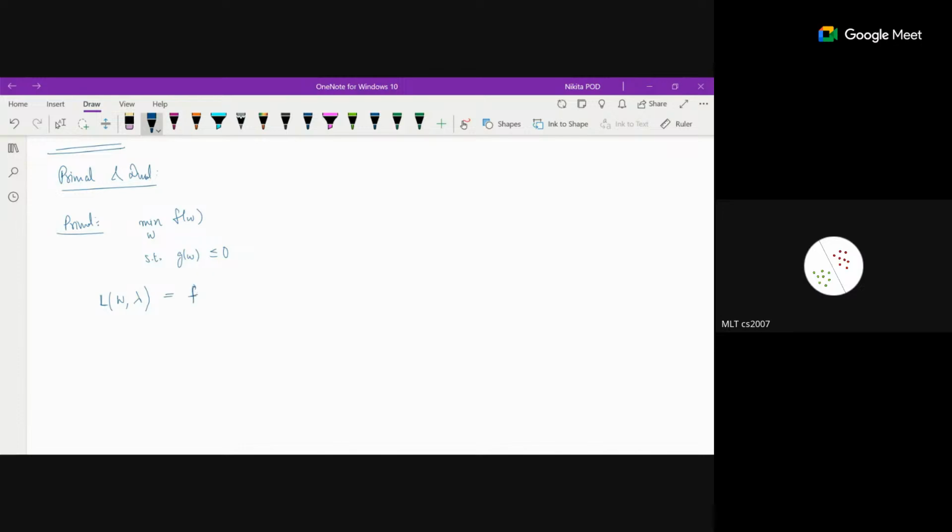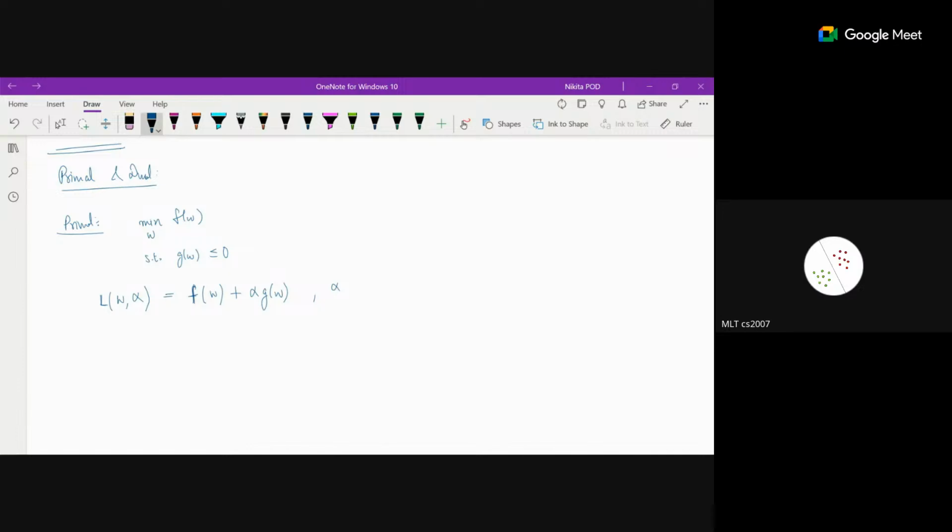This Lagrangian function would be equal to f of W plus some alpha, which is a constant, times g of W, where alpha is a real number.